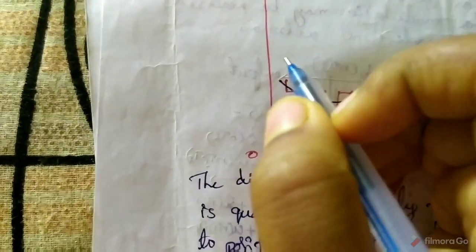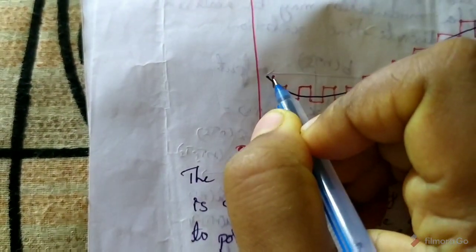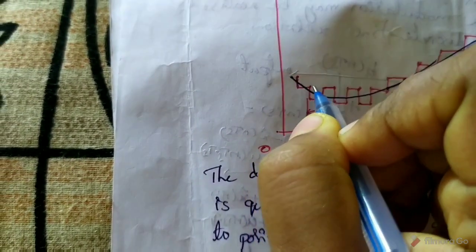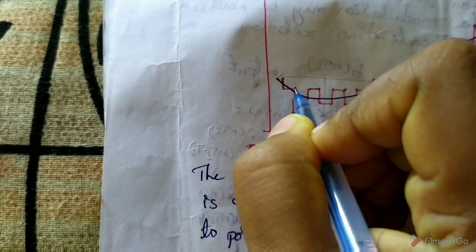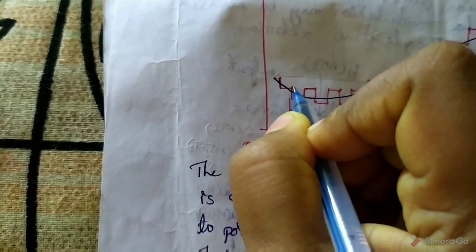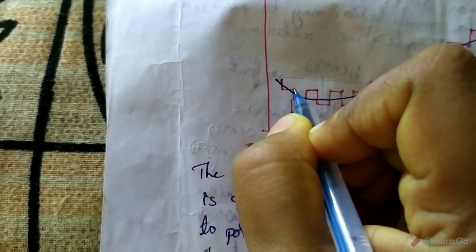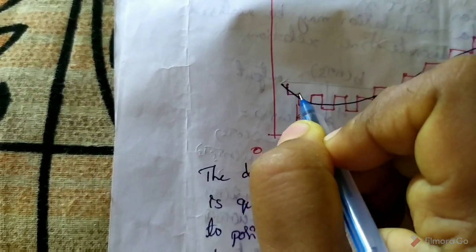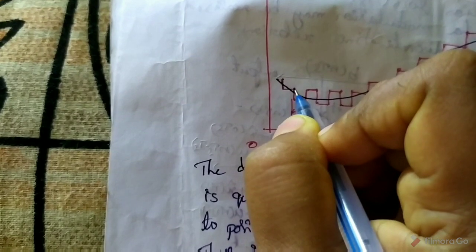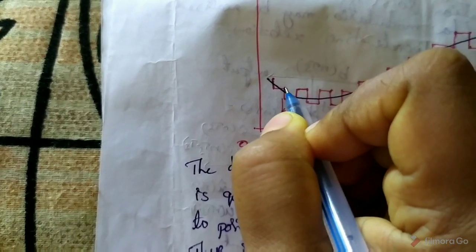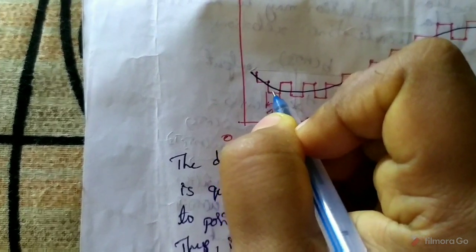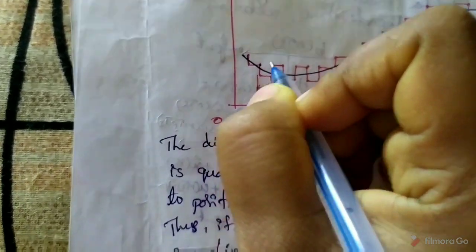So here let us suppose, for example, I will take one step like this from this point to this point. So this is my initial step. Now here the step point, that is approximate point, is below or above the input signal. This point is above the input signal. If it is above the input signal, staircase is above the input signal, then decreased by minus delta.